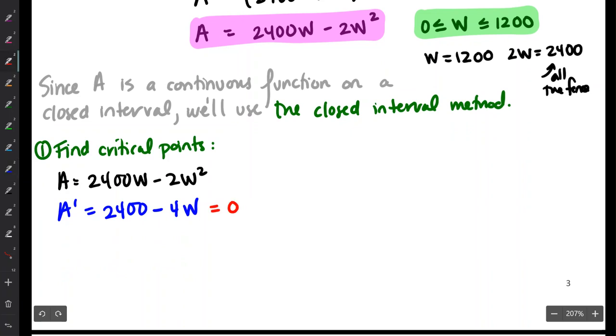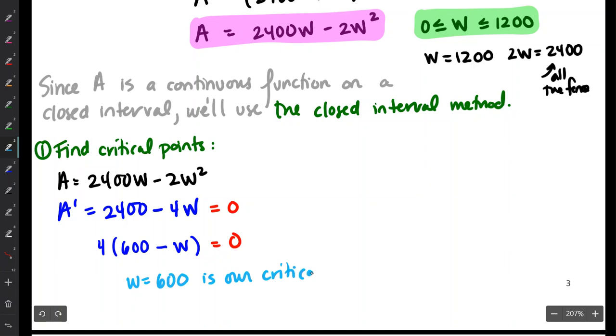So I only have to consider where the first derivative is 0, factoring out a 4. We've got 4 times 600 minus W is equal to 0. So here's my critical point. W equals 600 is our critical point.